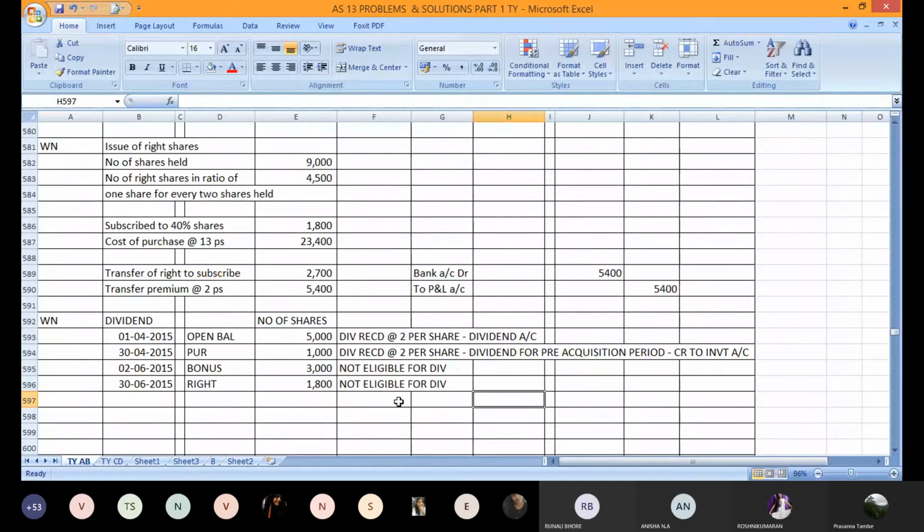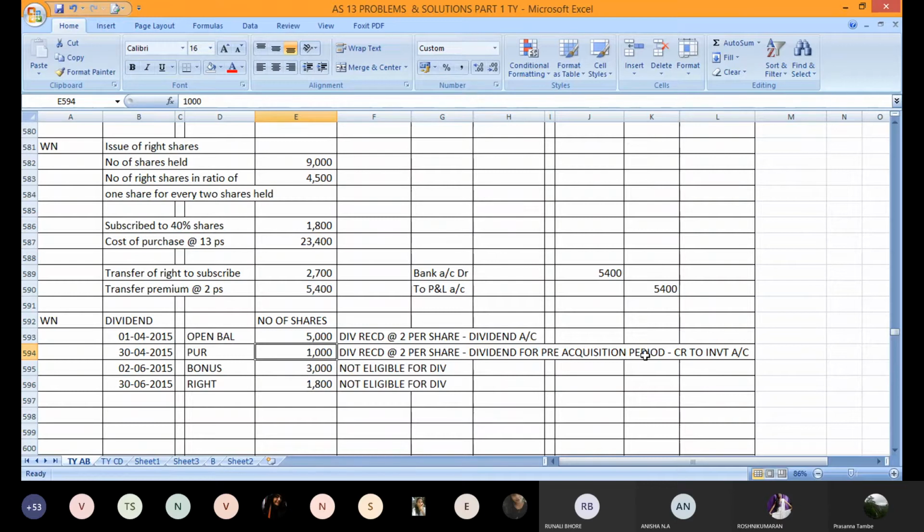Can we go ahead with the accounting? So this amount is 5,000 into 2, that is 10,000, and this amount is 1,000 into 2, which is 2,000. So the entry will be bank account debit 12,000, to dividend account 10,000, to investment account 2,000. That's how the entry will be passed.